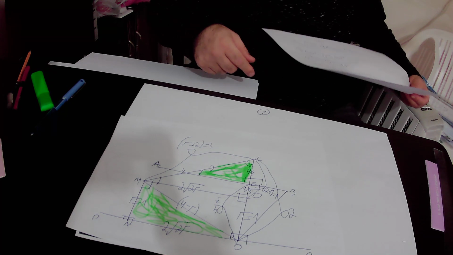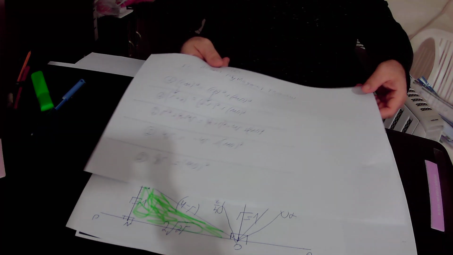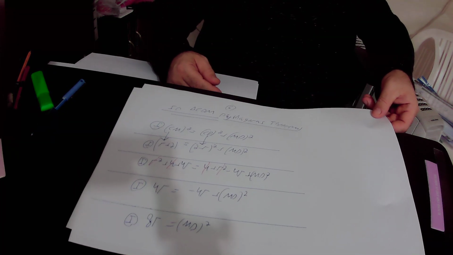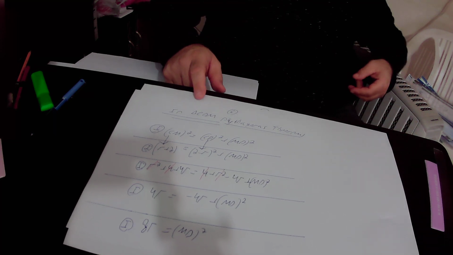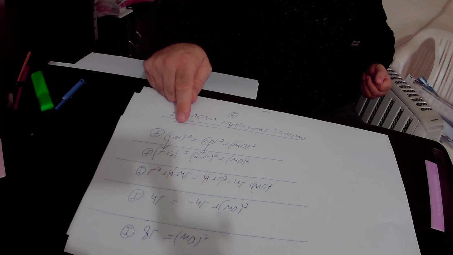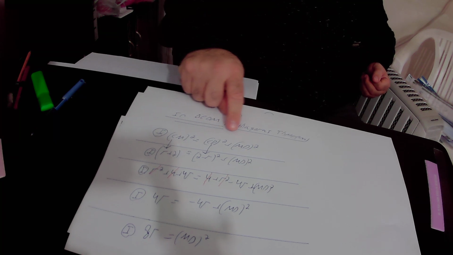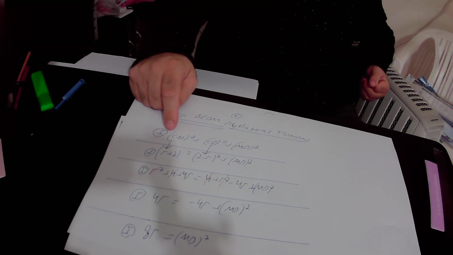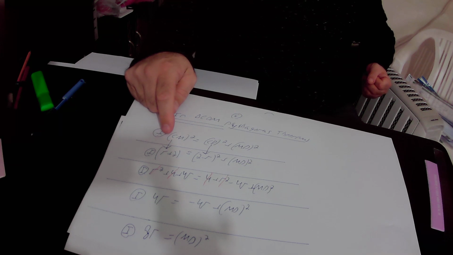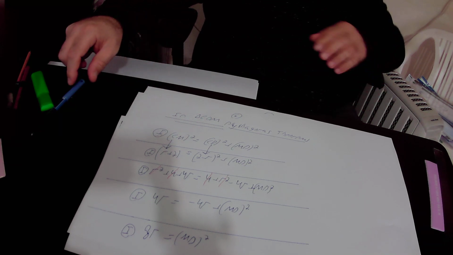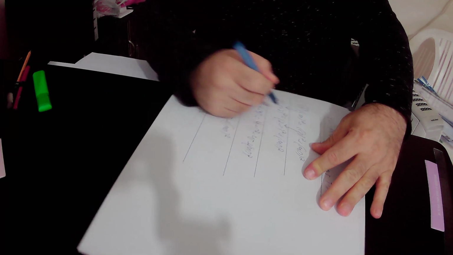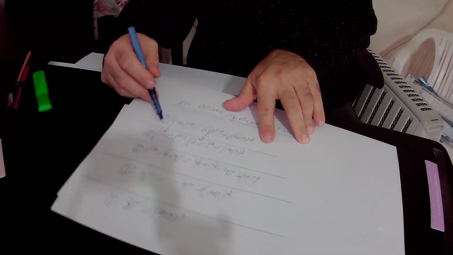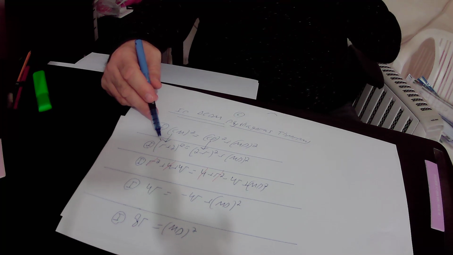According to the Pythagoras theorem, the square of the hypotenuse equals the sum of the squares of the perpendiculars in any right triangle. So in triangle CDM, it means that CM square equals CD square plus MD square. CM equals R plus 2, so CM square equals (R plus 2) square.